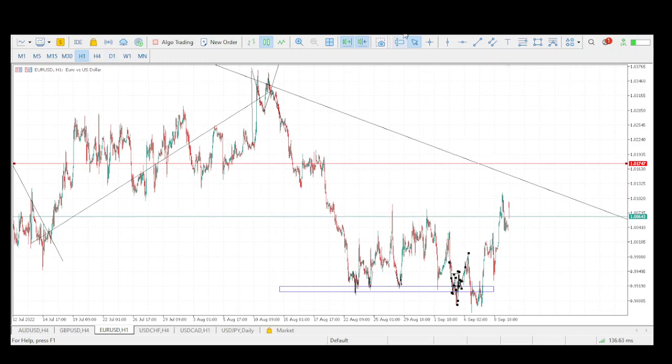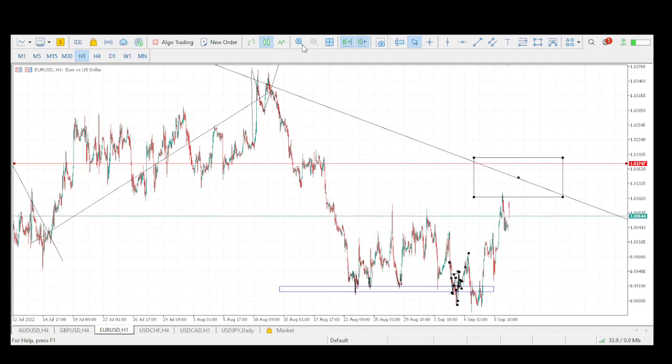The moment price gets to this zone, whatever will happen here will determine where we are going. So let us watch the pattern that will form here before we start selling. Anytime we see a very clear pattern, then we can go short.